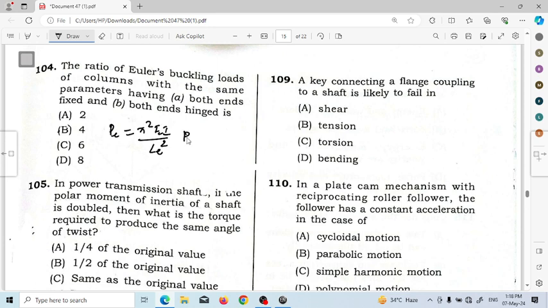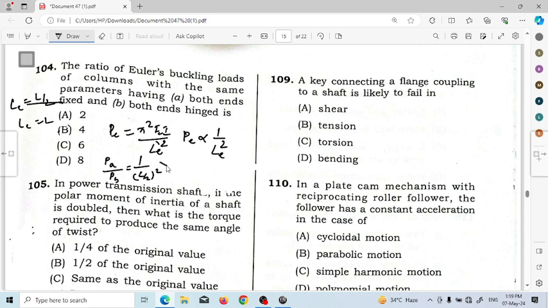All the parameters are constant except effective length, so it is inversely proportional to 1 by L effective square. In case both ends are fixed, L effective will be L by 2, and for both ends hinged, L effective will be L.